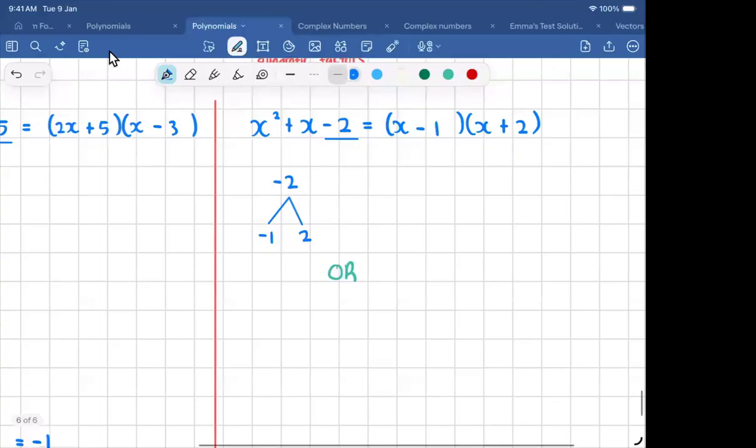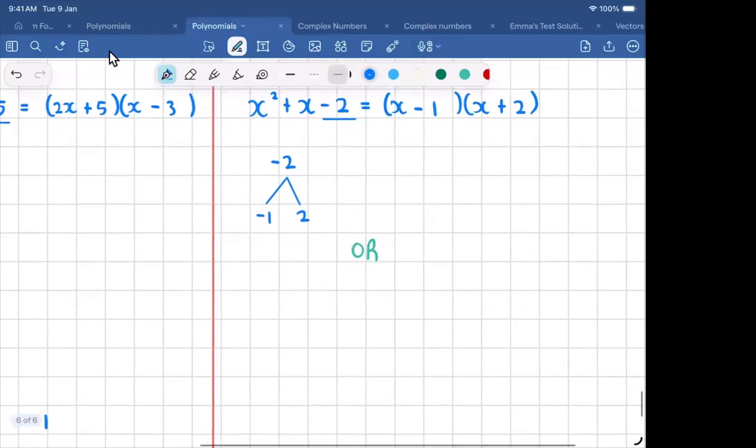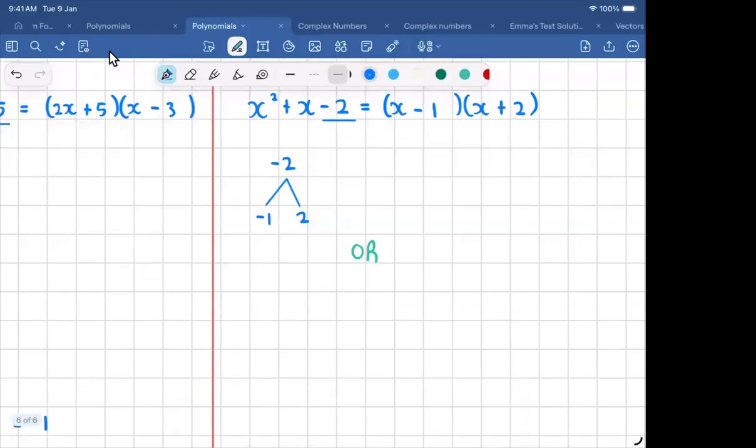And if we were to do the AC method, I'll put it here as well. Again, if I do anything wrong, you will tell me. So let's multiply A by C as the first step. A is 1, C is -2, so we end up with -2.